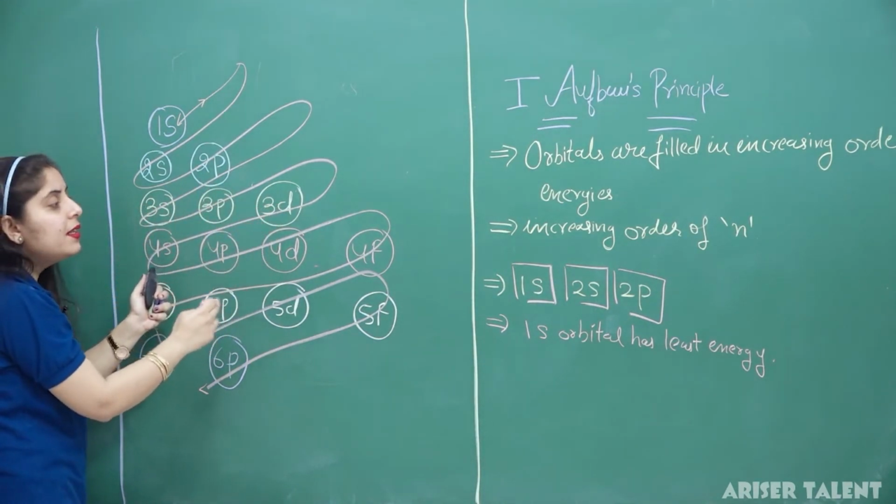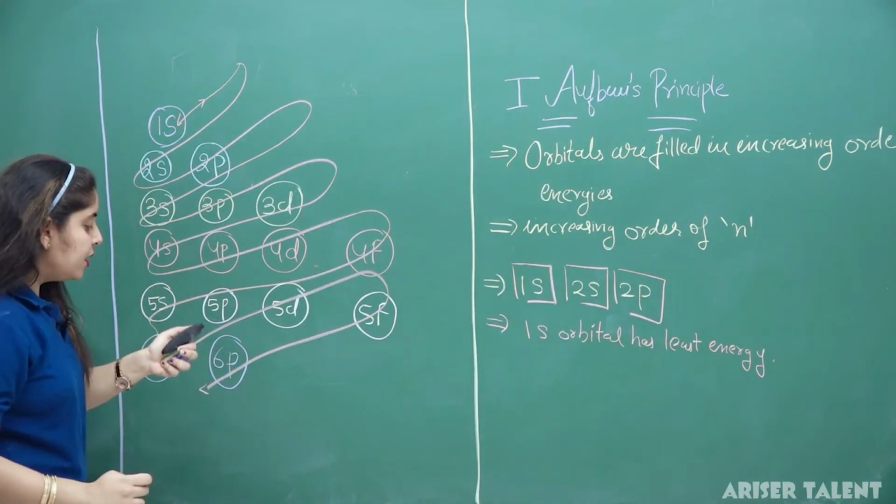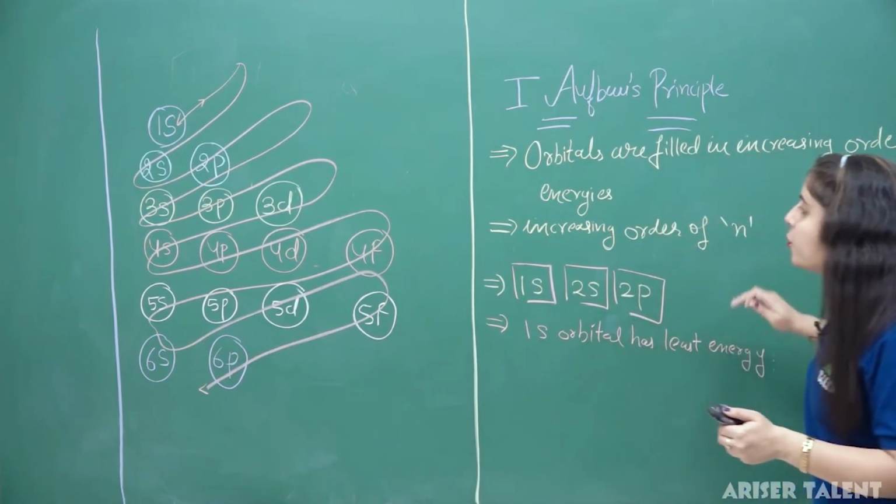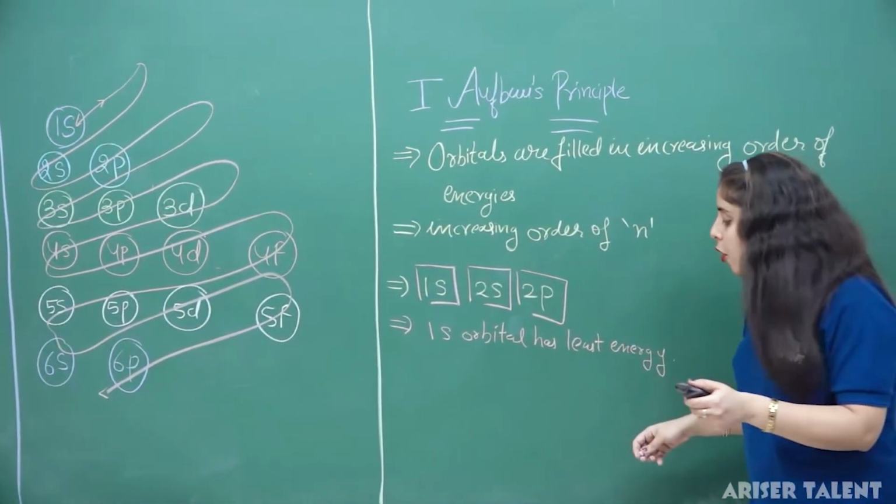So orbitals are filled in the increasing order of their energy. This is all about the Aufbau principle, how electrons are filled in the different orbitals.